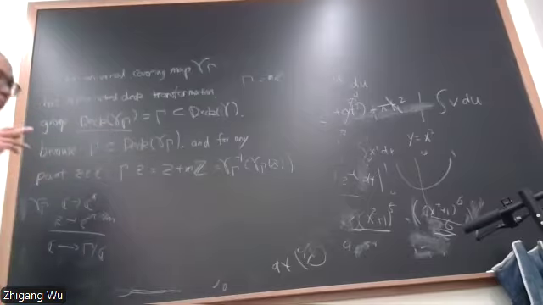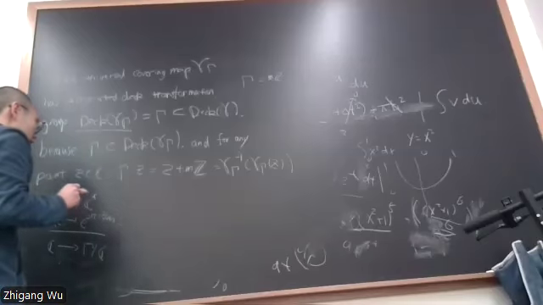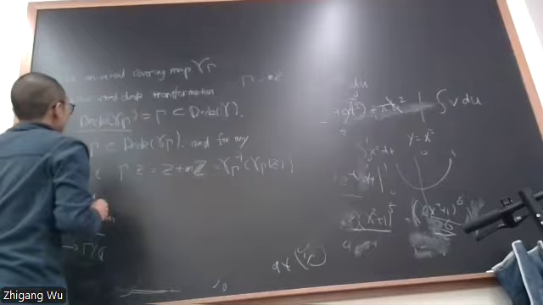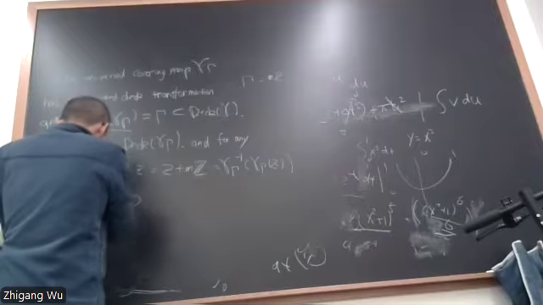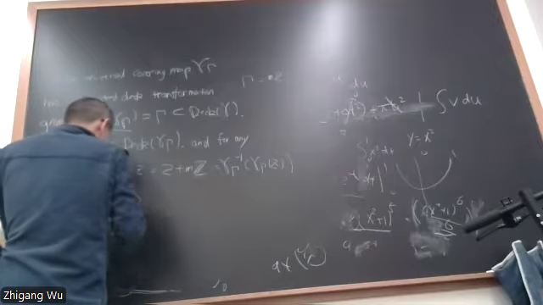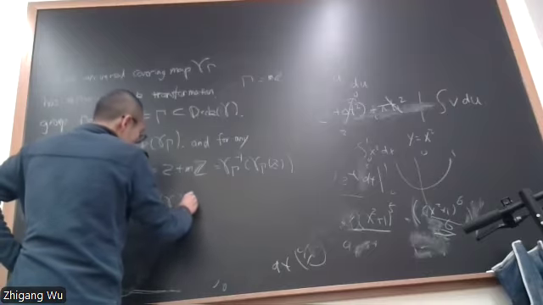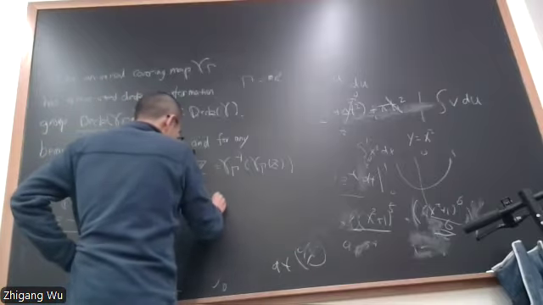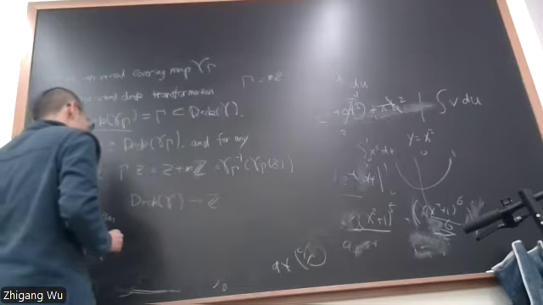I think you can also build a map. Remember how we build a relation between the deck transformation group and this Z, right? Let's forget about this gamma for now.